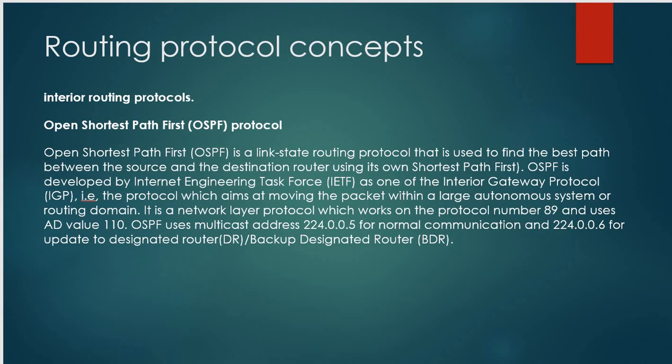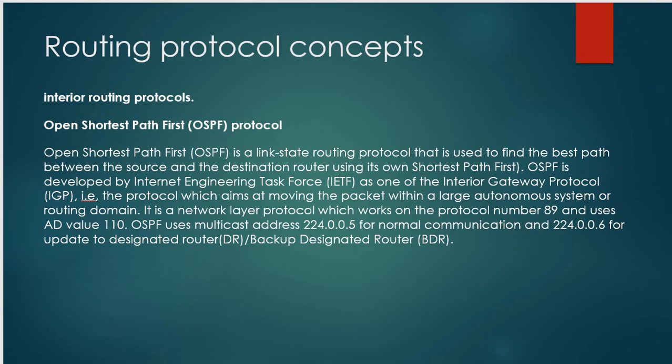OSPF uses multicast addresses. The difference compared with the previous interior routing protocols is that OSPF uses multicast and doesn't broadcast anything. RIP broadcasts and ISIS also broadcasts, so OSPF is not a broadcast.